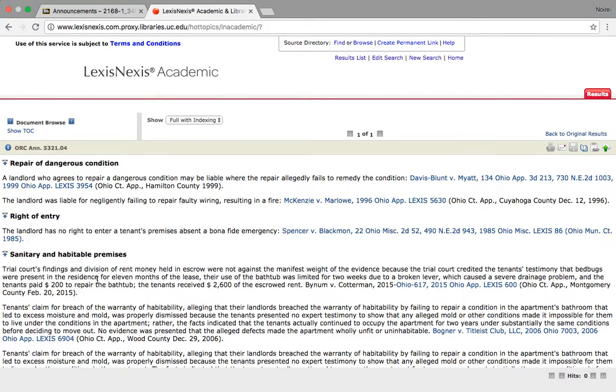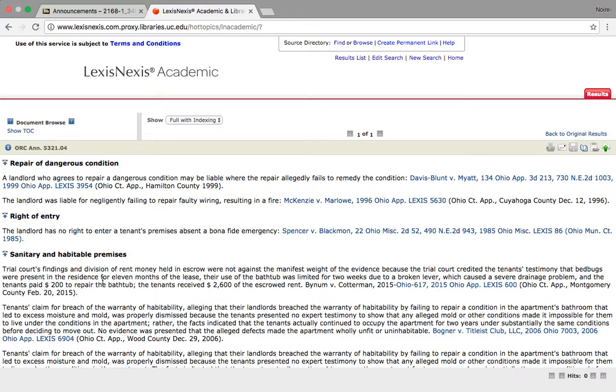The trial court's findings and division of rent money held in escrow were not against the manifest weight of the evidence, because the trial court credited the tenant's testimony that bed bugs were present in a residence for 11 months of the lease, their use of the bathtub was limited for 2 weeks due to a broken lever, which caused a severe drainage problem, and the tenants paid $200 to repair the bathtub.